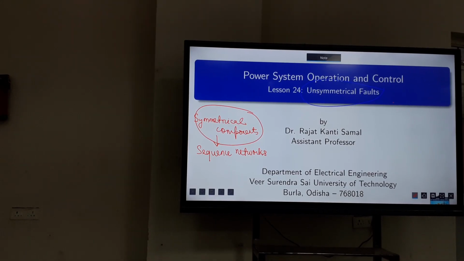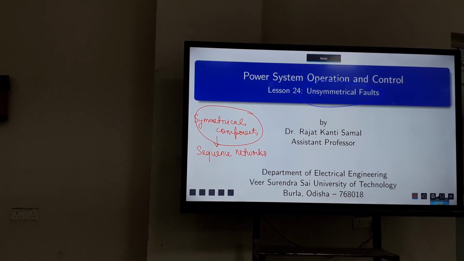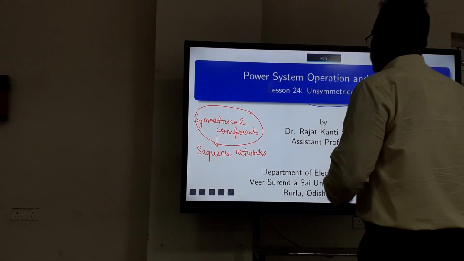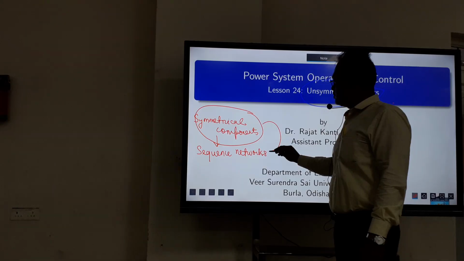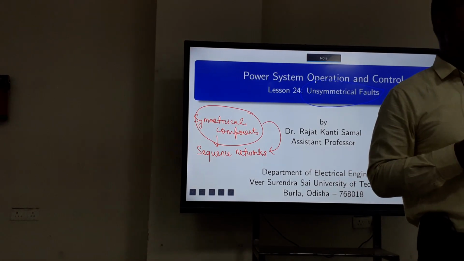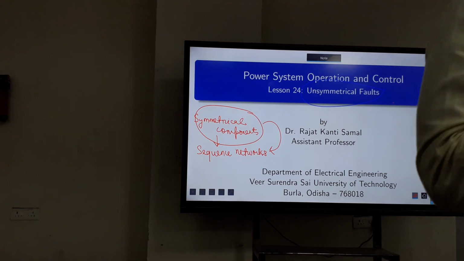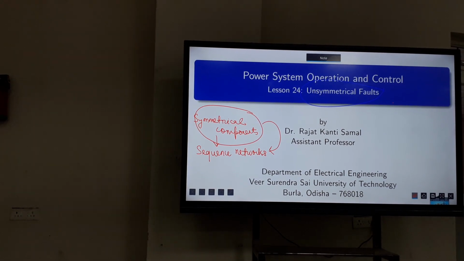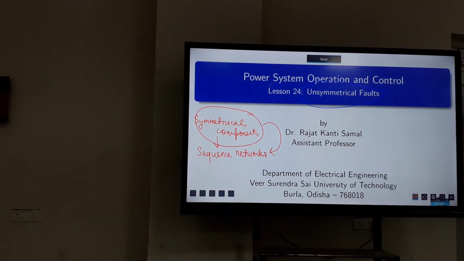No problem. But the same answer you will get by doing a single phase analysis. Now the concept of symmetrical components leads to sequence networks. We have seen that in the last class.